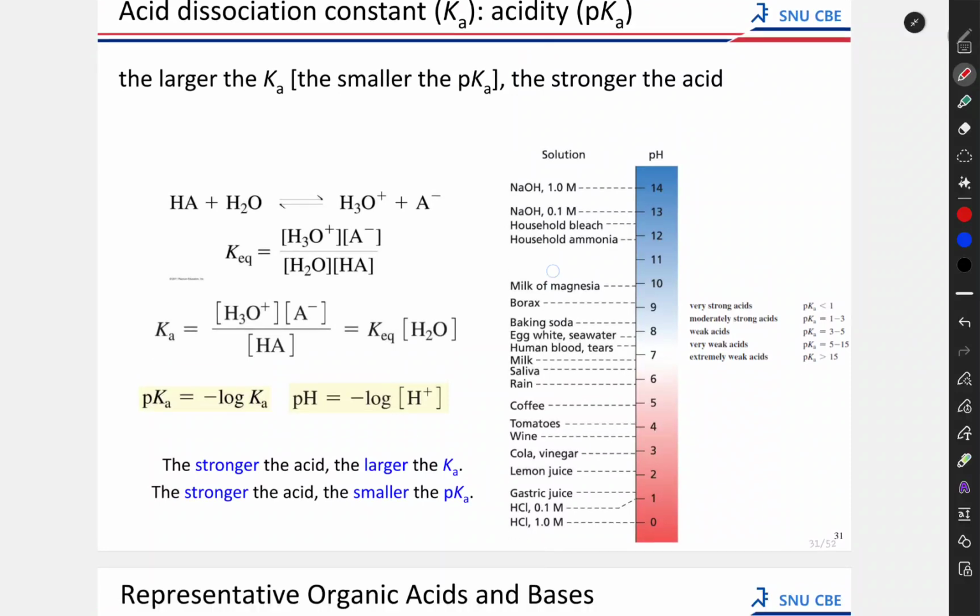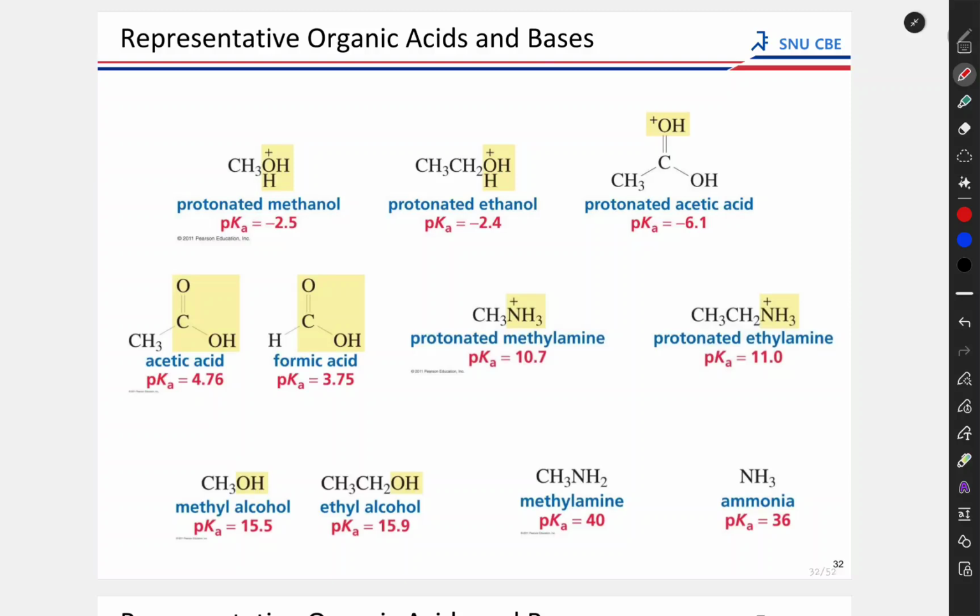But what you need to know for organic chemistry is the general trends and maybe the ballpark number of the pKa for a representative molecule or functionality within the molecule. And these are typical pKa values of the functionalities that appear in organic molecules. So you have protonated alcohol, OH2 plus, as you can guess, it's pretty acidic.